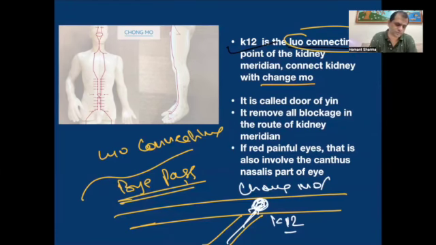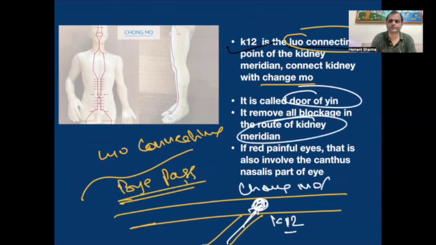So here, very important, Kidney 12 is called door of yin. इसे कहते हैं yin का दरवाजा. It removes all the blockage in the root of the kidney meridian. And I already told you, if there is a painful eye that involves the canthus nasalis part of the eyes, अगर आपको दिख गया कि भाई इसकी आंखों के अंदरूनी भाग में कोई तकलीफ है, सबसे पहले किडनी 12 और किडनी 18 को ट्रीट करो.